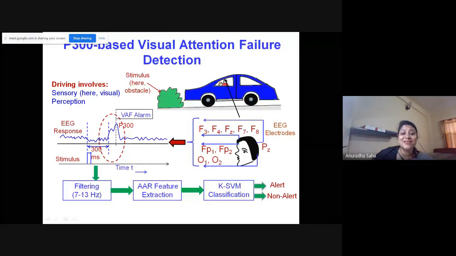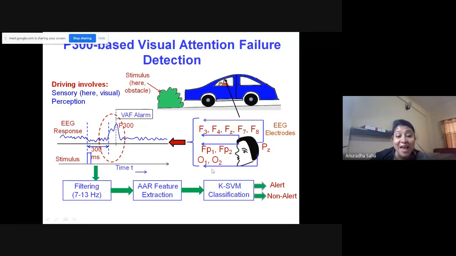Now, this is something where we can incorporate brain computer interfacing as well as artificial intelligence to detect this P300 based visual attention failure, where you can see that if a driver experiences some kind of obstacle, and if he is alert enough, then the EEG electrodes are placed on the scalp to record the EEG signals from those brain lobe positions, that is the frontal one.